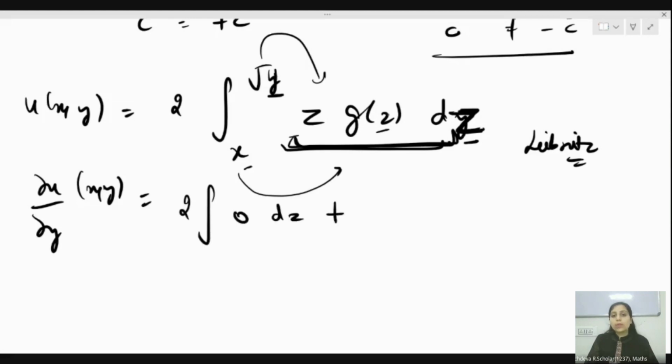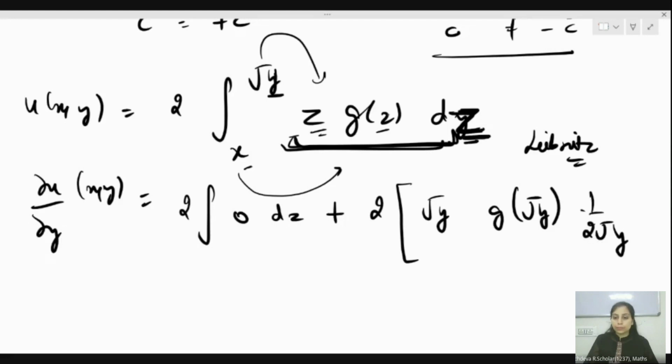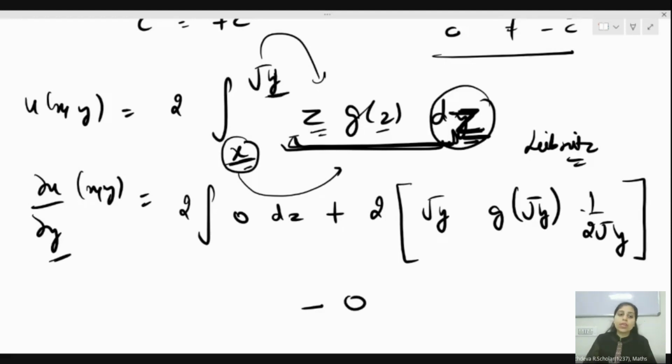Plus, substituting the upper limit, in place of z, root y, g of root y, and the derivative of root y is 1 upon 2 root y. This is the upper limit. And when we put the lower limit x, minus, the derivative of x with respect to y is 0, because we are doing the derivative with respect to y only. So this term is 0.